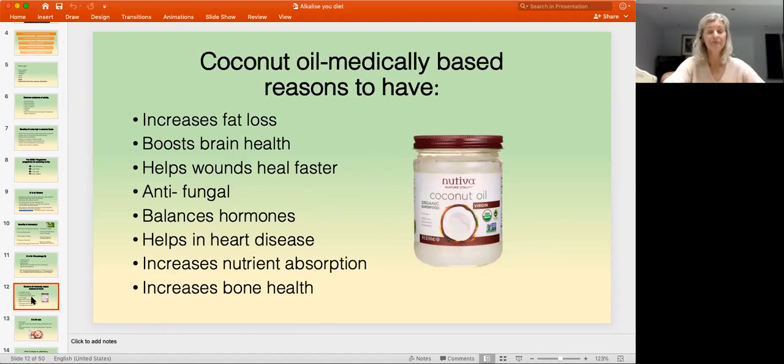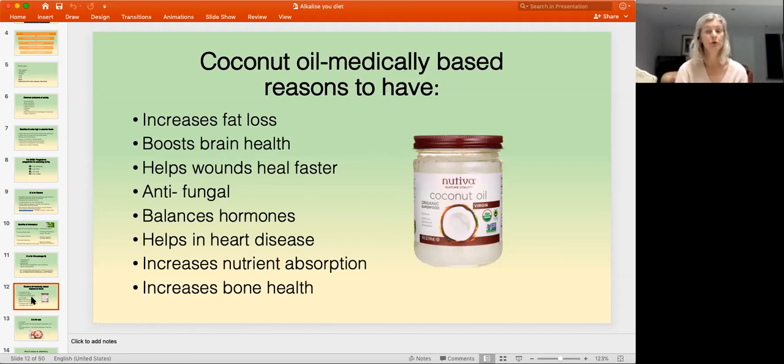Just some reasons to have coconut oil. Increases fat loss, which you'd be surprised. It is a medium chain fatty acid, but the body doesn't store it as fat. It boosts your brain health, helps wounds heal faster. So you actually apply it topically, and I have done this for my daughter, and it has healed a fungal looking toenail.